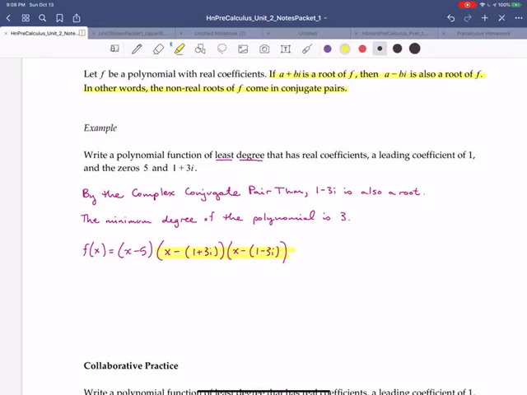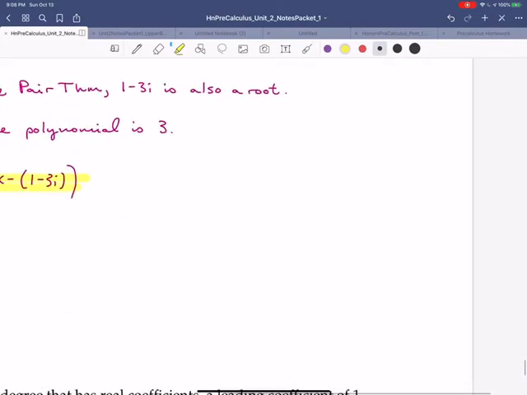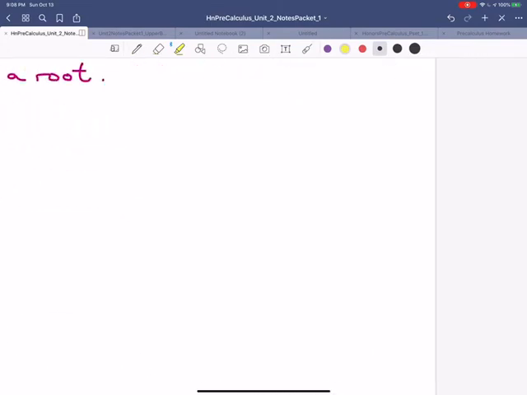Instead of doing an expansion box, I'm going to teach you a little algebra shortcut over here. And you can verify this by multiplying it out. This is going to be really handy.